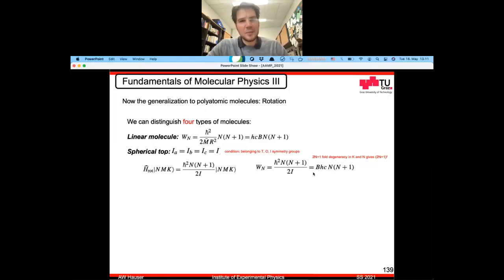It's not just simply this internuclear distance in a diatomic, for example, multiplied with the reduced mass. Here I have to explicitly evaluate at first this moment of inertia, but if I know it, I know everything about rotational energy spacing in the system because of this high symmetry of the molecule, right? So it's again just B times n times n plus 1, and B contains the moment of inertia, which I have to calculate in this case.